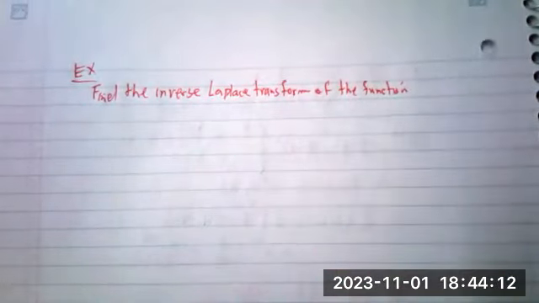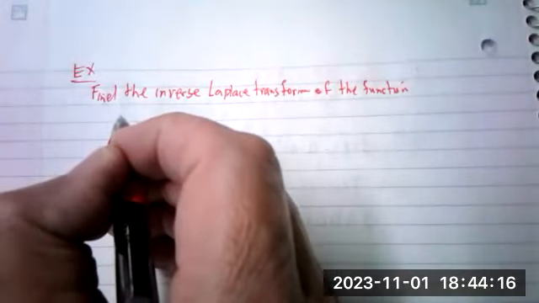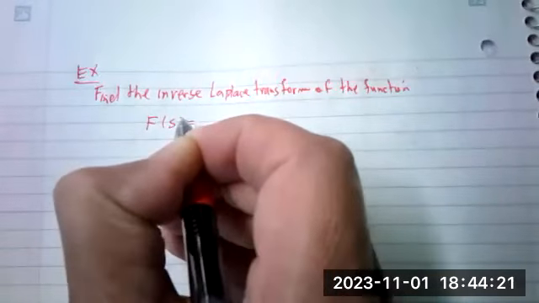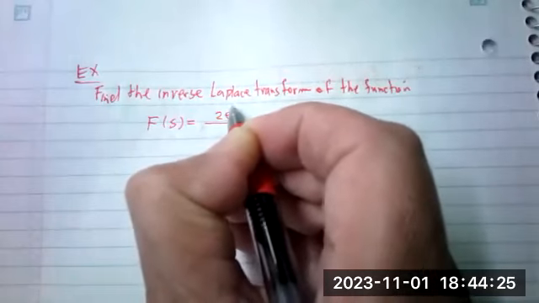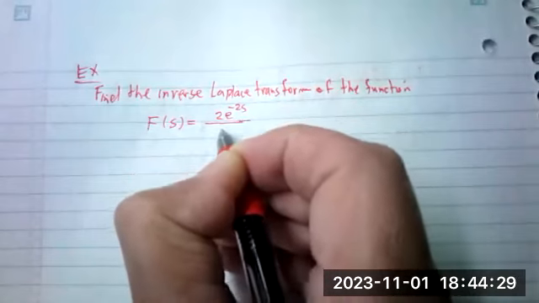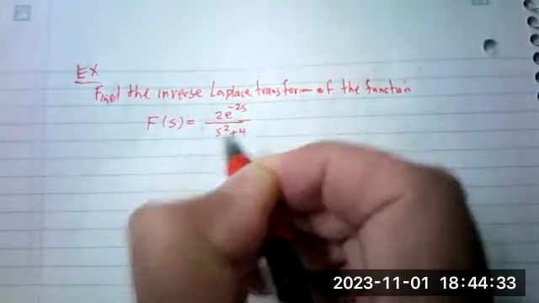Okay, let's try this function. F of s is equal to 2 e to the negative 2s over s squared plus 4.